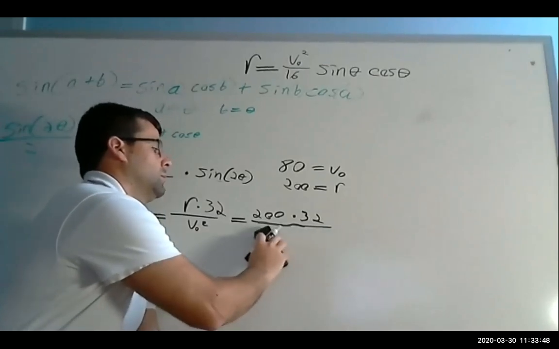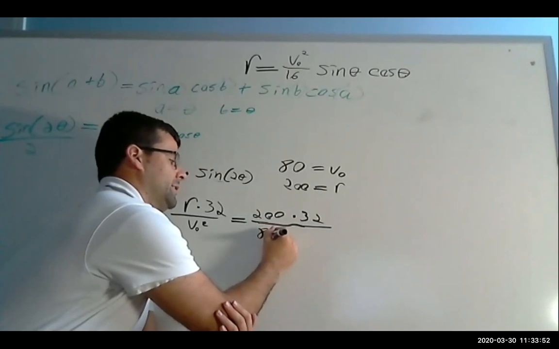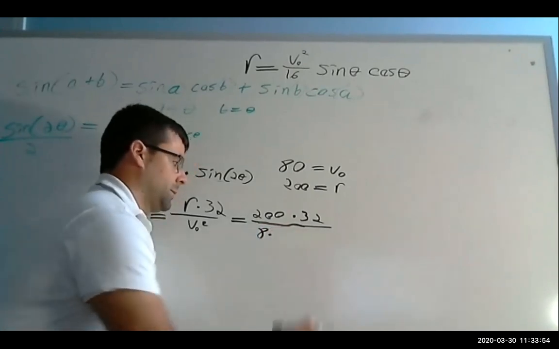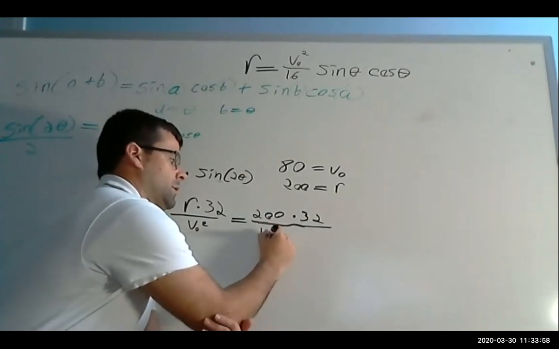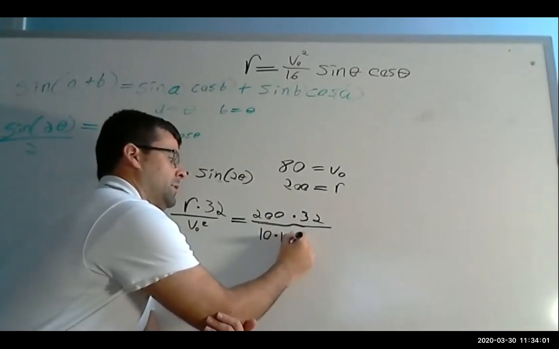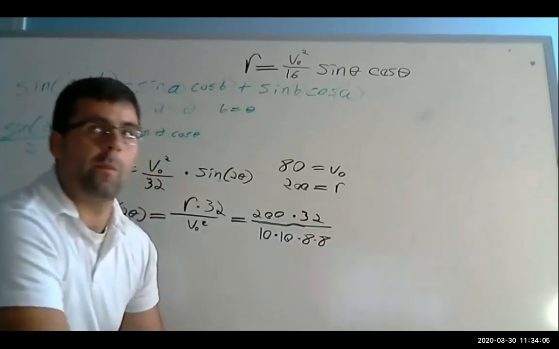Eighty times 80 is 8 times, so I'm going to do it like this: 10 times 10 times 8 times 8.